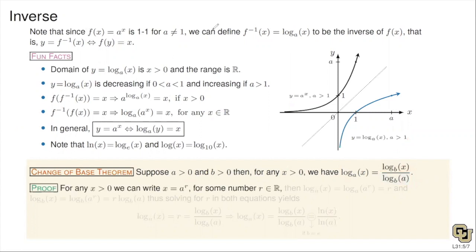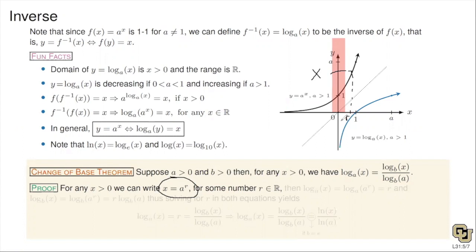So here I say for any x greater than 0, we can write x as equal to a to the r. Okay, so how do I get that? If you look at the a to the x function, its range is all positive numbers. So if you pick any positive number, pick a positive x, I should be able to go back to the function and trace it all the way back to an input on the real line.